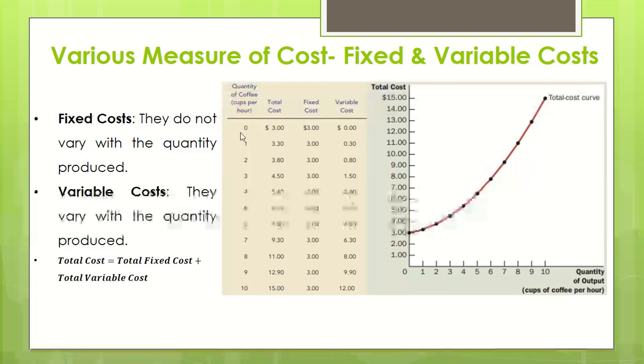And if we plot this point, when the quantity of output produced is at unit 1, at the same point the total cost is $3.30.